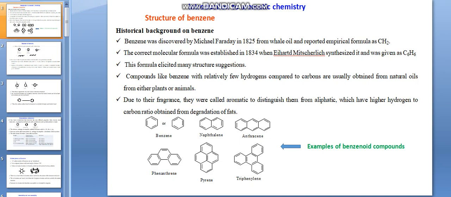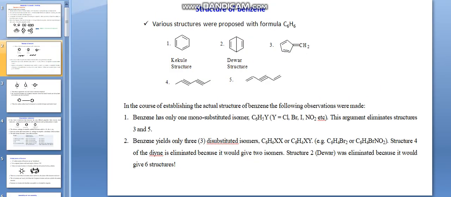But basically, this benzene has a high carbon to hydrogen ratio, obtained from the degradation of these fats from the whale itself. As we proceed to the structure of this benzene, I have said there was a lot of contradiction.